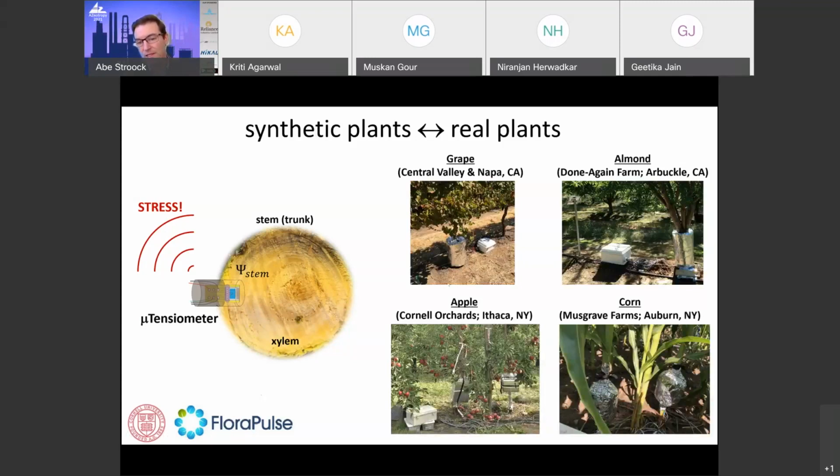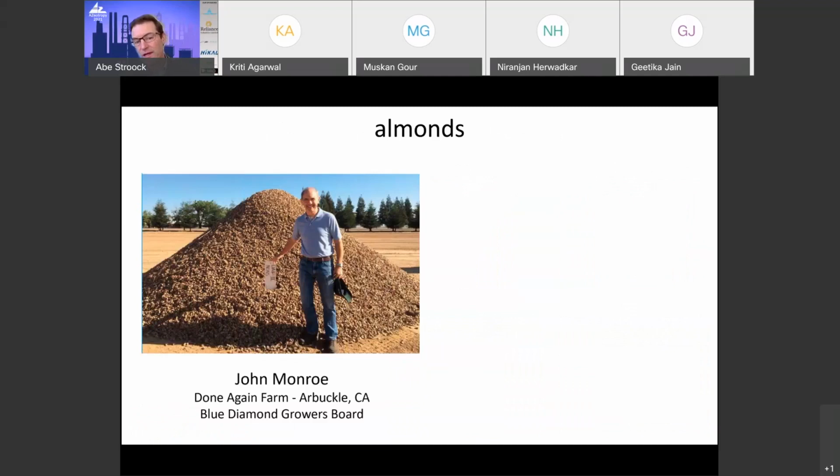And so I'm going to tell you about work. I'm going to use the example of almond, but this is now working in a variety of different crop species. So in almond, we've worked with a fellow named John Monroe, who owns an orchard in Northern California for almonds. And this is a tree crop.